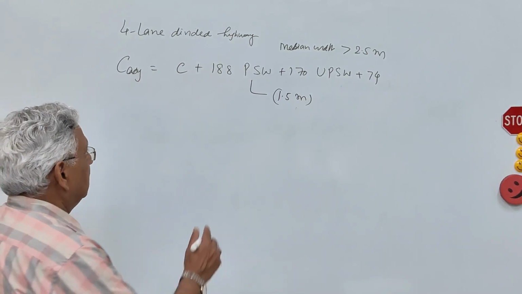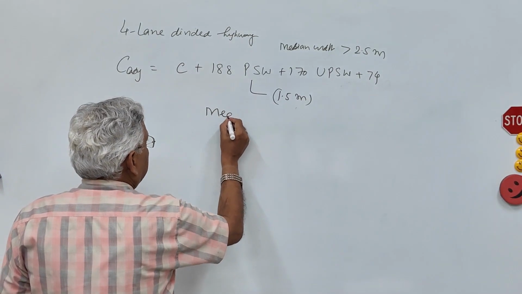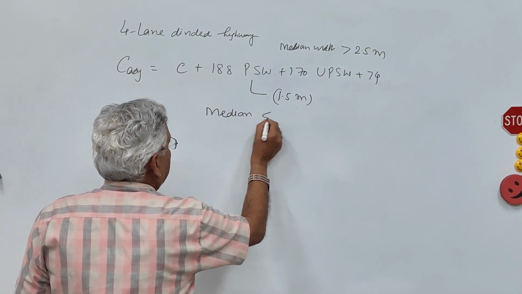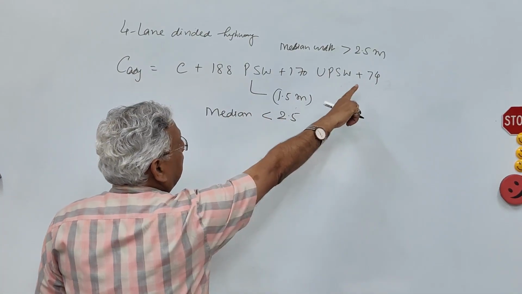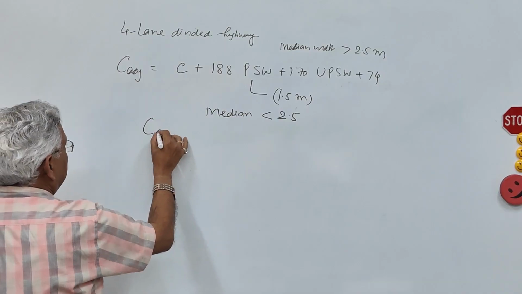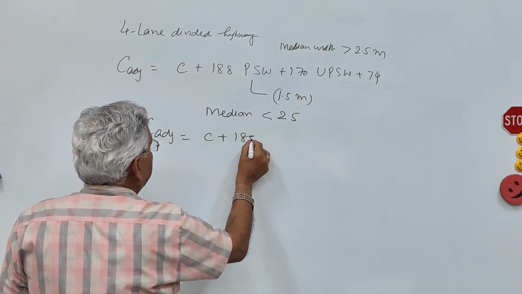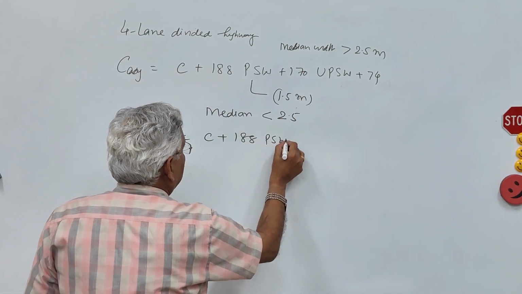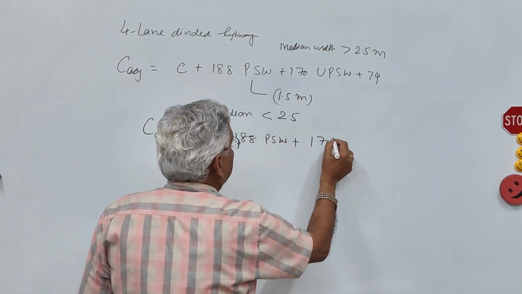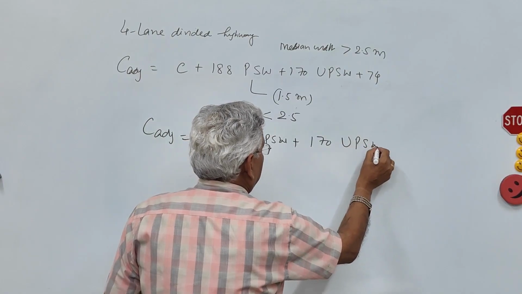If median width is less than 2.5, then this 74 is removed, and in that case adjusted capacity will be C plus 188 PSW plus 170 UPSW. That's it.